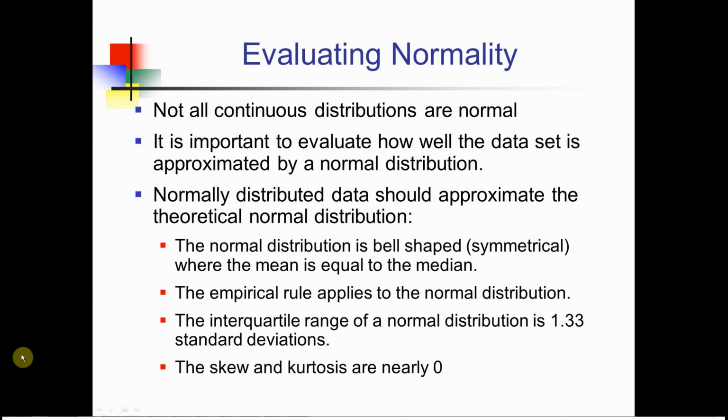Remember that the normal distribution, just like any continuous distribution, is always going to be a priori. That means in principle. In reality, we're going to have data that's not necessarily perfectly normally distributed, but we just want to know it's normal enough that we'll get good results.